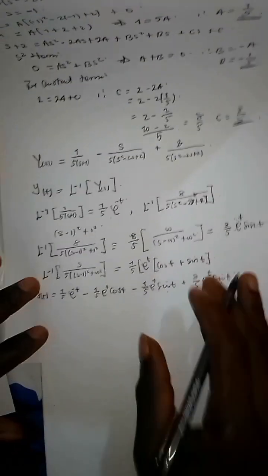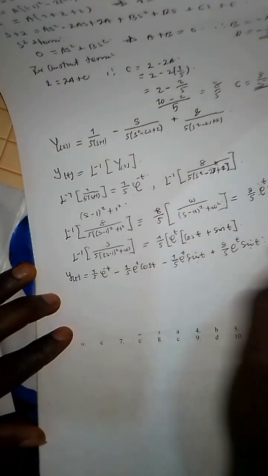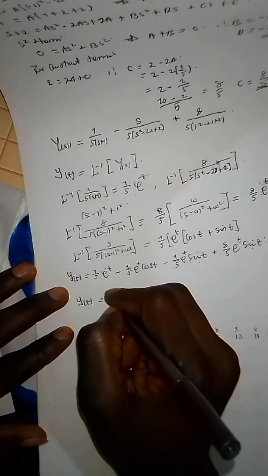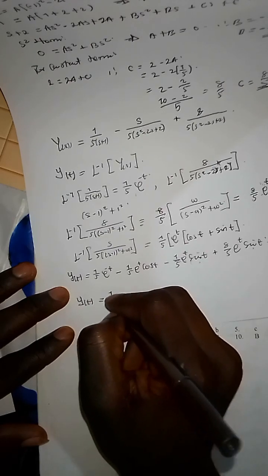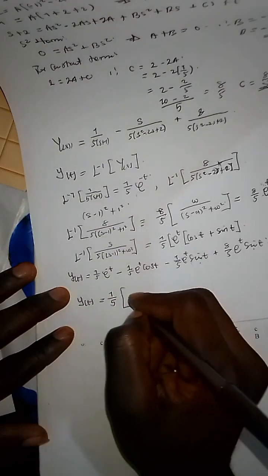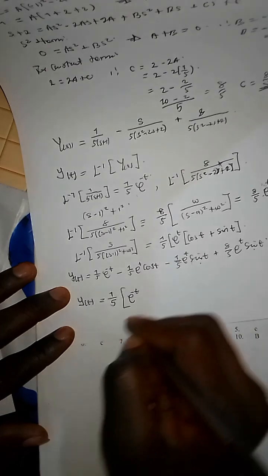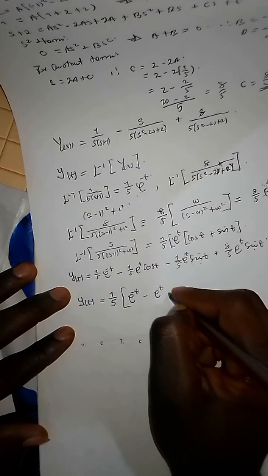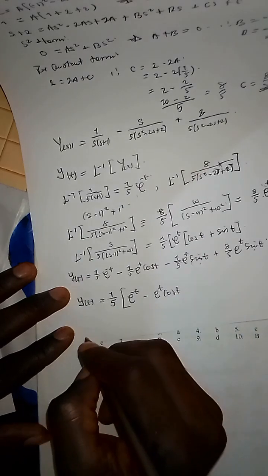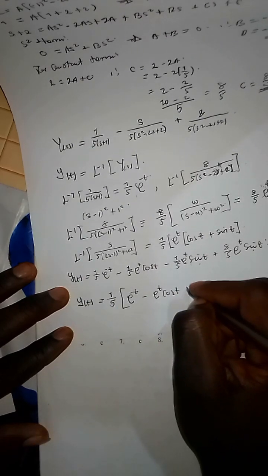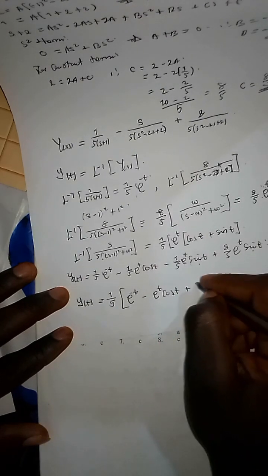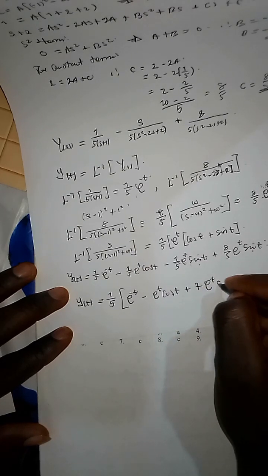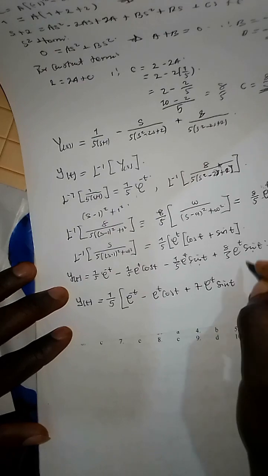So y of t can now be written as, we factor out 1 all over 5, then we have e to the negative t minus e to the t cos t plus 7 e to the t sin t.